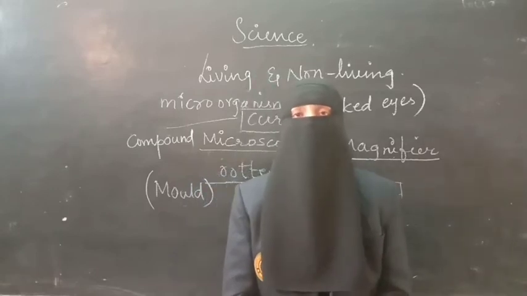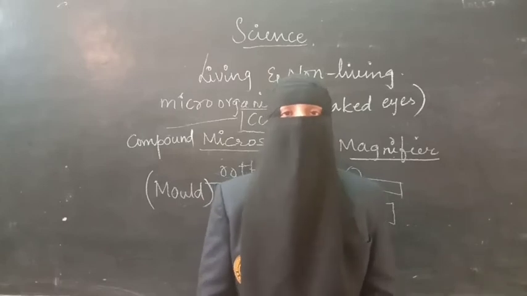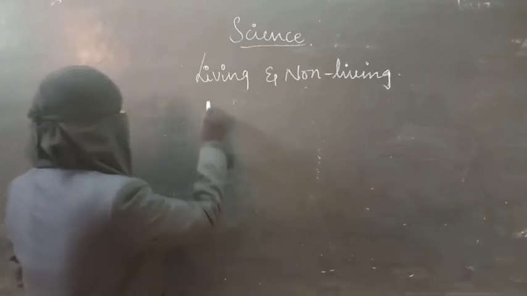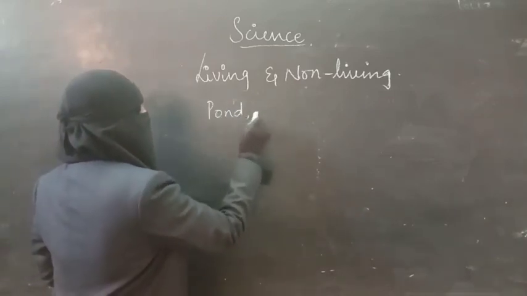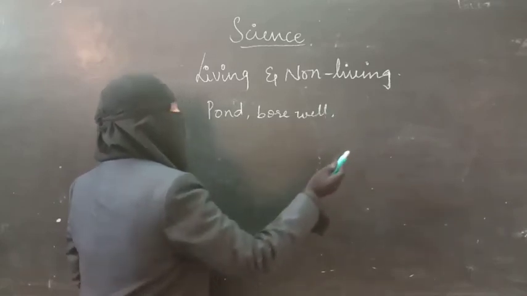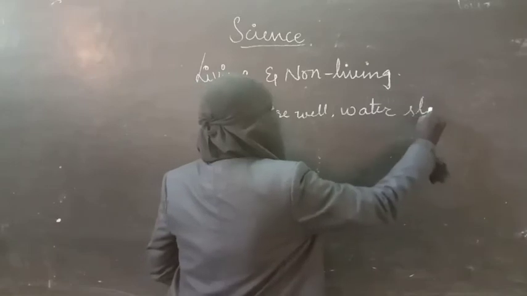Now we are going to observe some other kinds of microorganisms by collecting water from different areas. We are going to collect samples of water from a pond, borewell and water stream, etc. This much is enough.